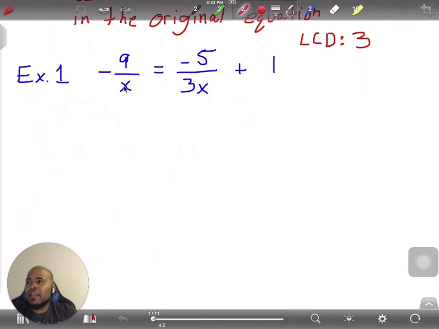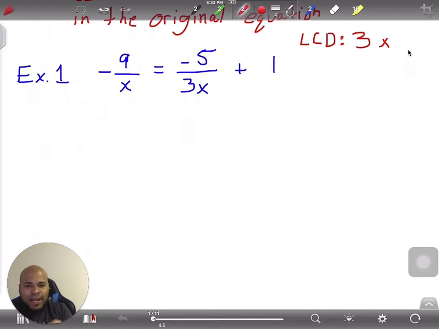And then they both have x, so it's just 3x. Don't make the mistake of multiplying x times 3x and telling me the least common denominator is 3x squared, because then it's not the least, because you're putting a squared in there. x repeats in both, so I only have to write it once. Perfect. So I'm going to multiply everything times 3x.